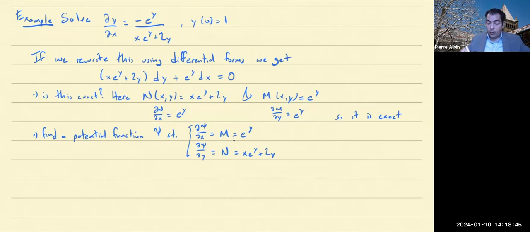Okay, so we could start now by integrating either one of these equations. Of course, you want to pick whichever one is simpler. So let's start with the first one.